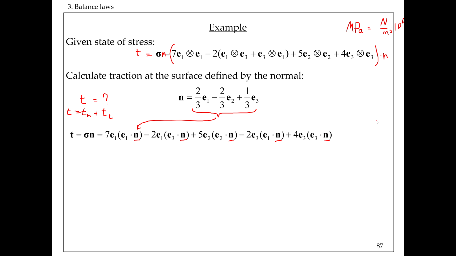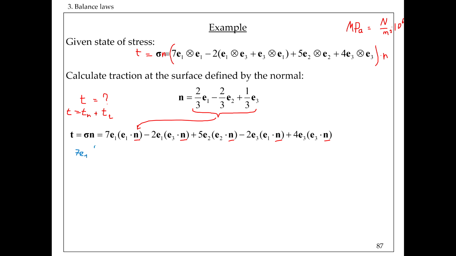All right, let's try to get this right. The first term that will be non-zero is 7e1, which will remain, because the dot product of this e1 with e1 here is non-zero. The rest of them are perpendicular, so the projection is 0.